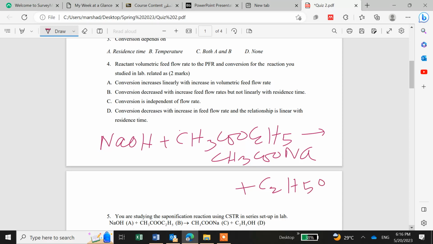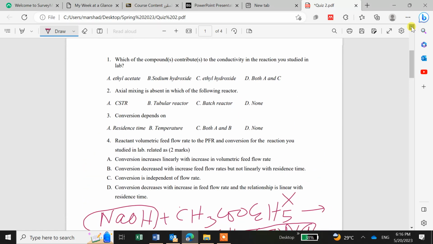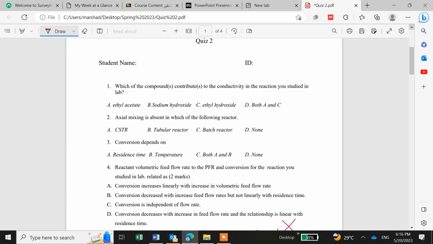As we said, NaOH will break into ions Na plus and OH minus. Ethyl acetate is an organic compound, it will not break into ions. So the ethyl acetate doesn't have conductivity. The product sodium acetate will have conductivity. So in this option we have only sodium hydroxide. If we had sodium acetate, it would also be contributing to conductivity.